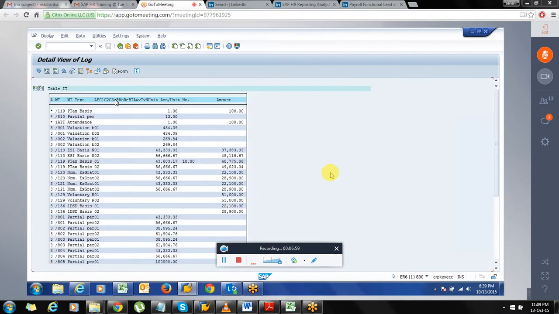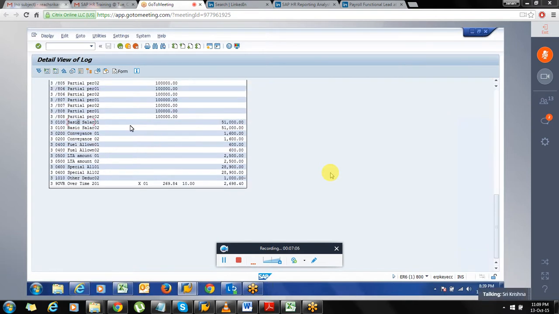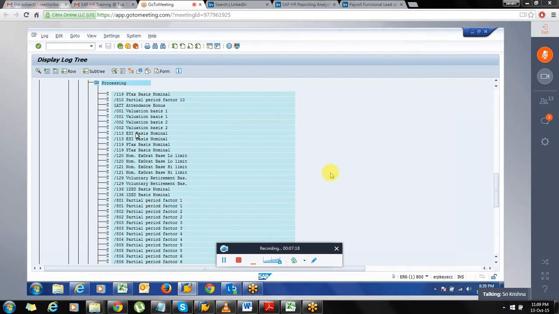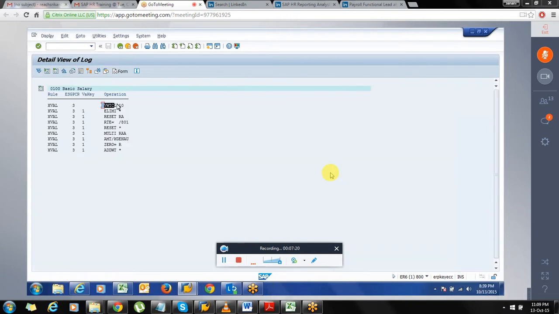The first one will multiply with 801 with split indicator 1. If you go to the rule XVAL for 0100, this is the rule that was reading here. Processing class 10 we have maintained as 1, so it should multiply with 801.